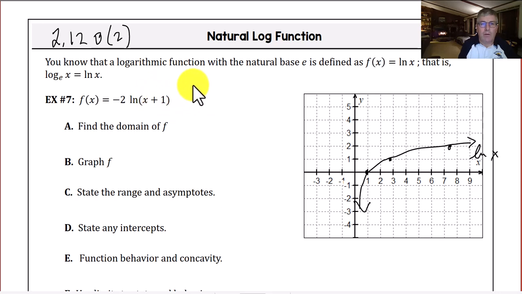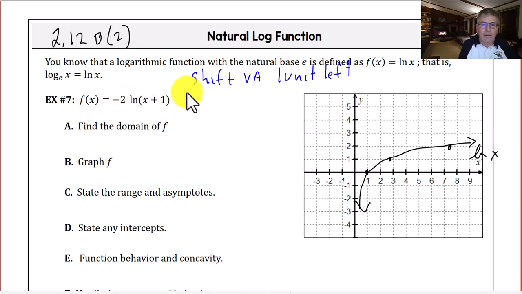We've got x plus 1, which means we're going to shift our vertical asymptote 1 unit to the left. So we have a vertical asymptote at 0, and we're going to shift that to -1.